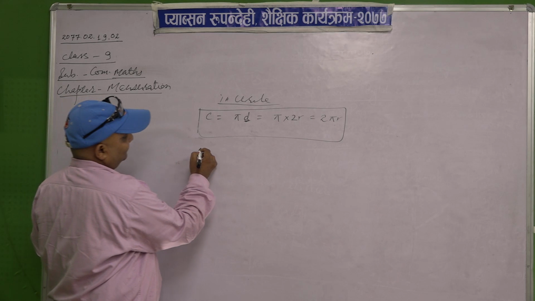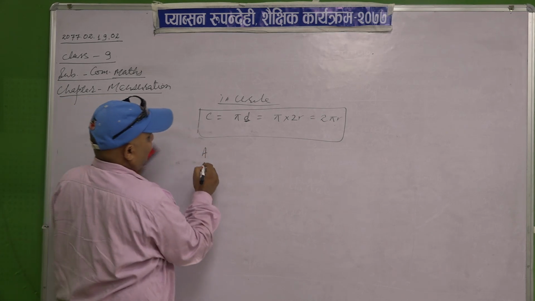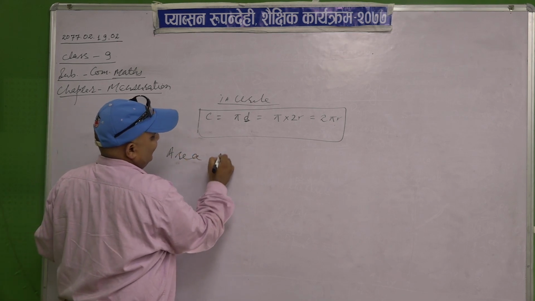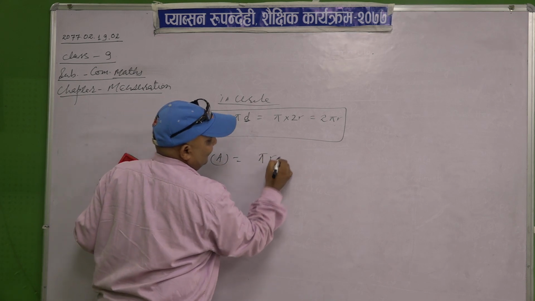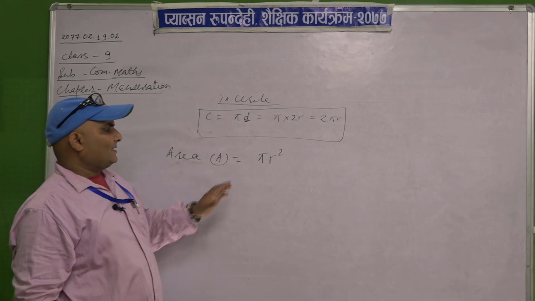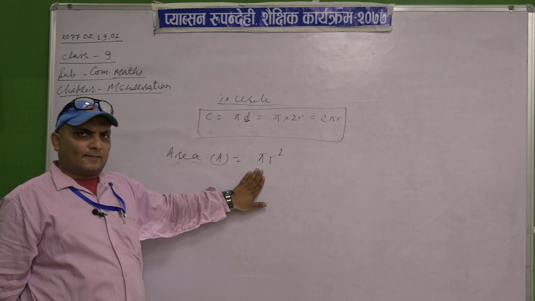Similarly, area of the circle, A is equal to pi r square. When radius is given, this will be the formula of area of the circle.